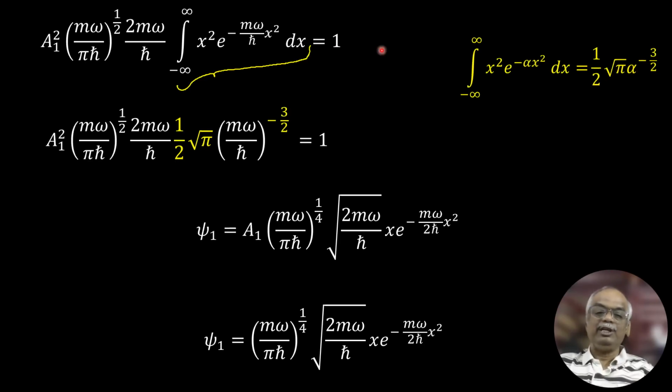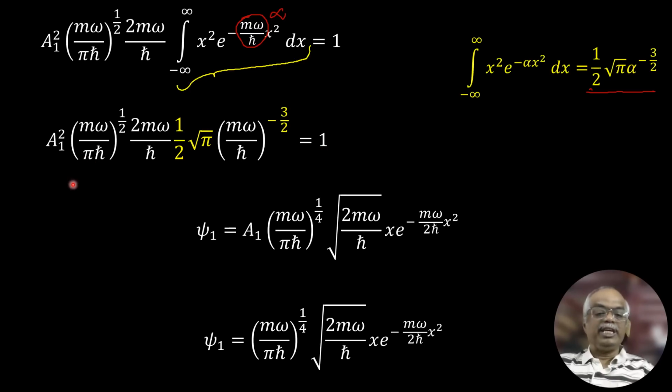This is the value of this integration. So you replace this value for the integral. Here 1 over 2 square root of pi, and this alpha is equal to m omega over h cross, so m omega over h cross power minus 3 by 2, which is equal to 1.